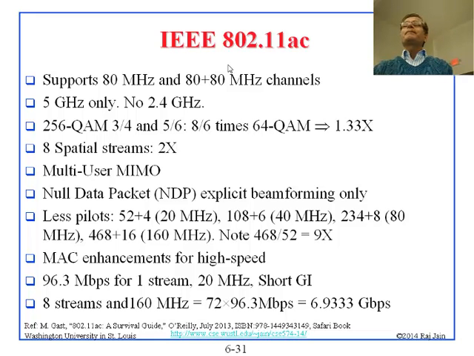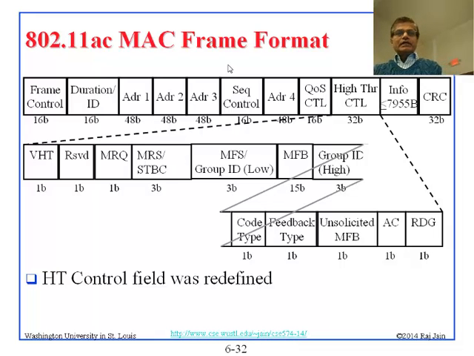Okay? Now, AC has a frame format which is different from 11N. They still use that HT control field, but the first bit, which was reserved, is now 1, and therefore it is VHT, very high throughput. So this format is totally different from 11N.